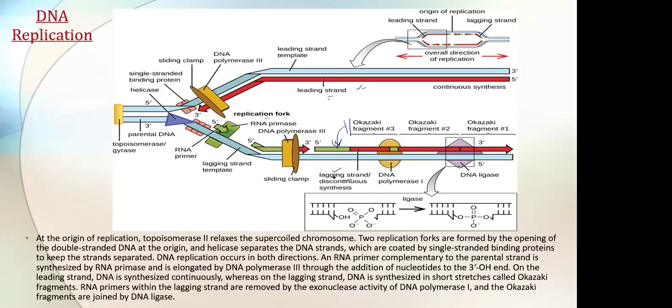That strand is called the lagging strand. So DNA replication is discontinuous on the lagging strand. But for both strands, DNA replication goes from 5' to 3' direction. The direction is always the same.